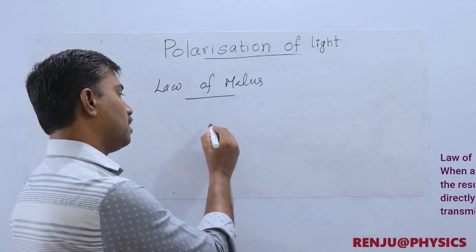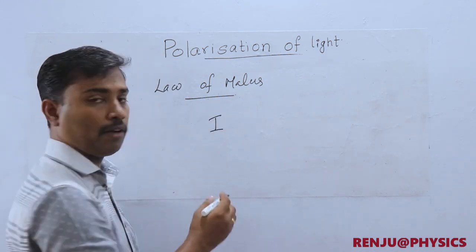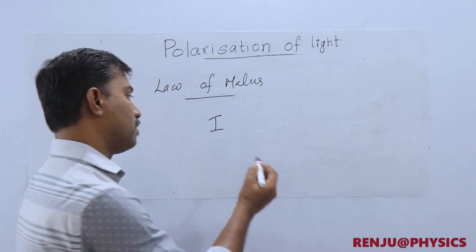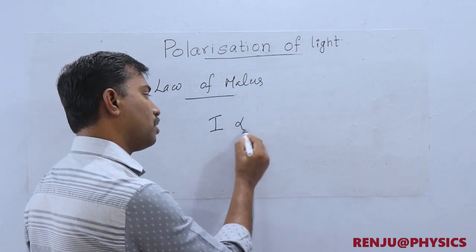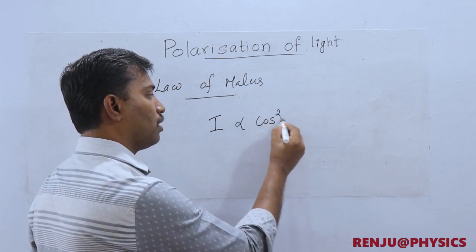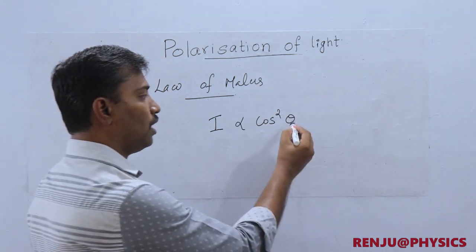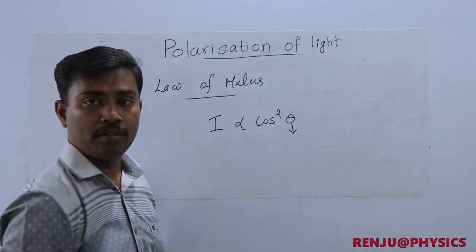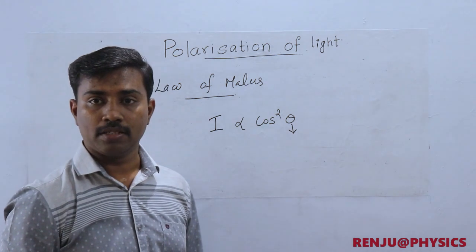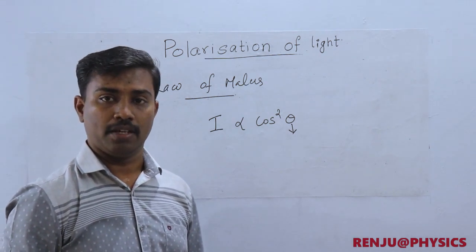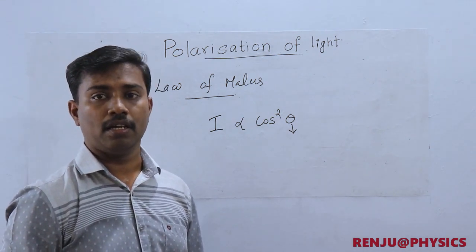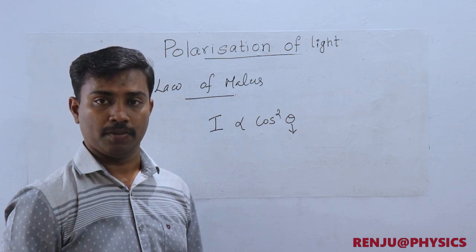Suppose I is the intensity of light coming from the analyzer. We can say that I is proportional to cos squared theta. Here theta is the angle between the plane of the polarizer and the plane of the analyzer.